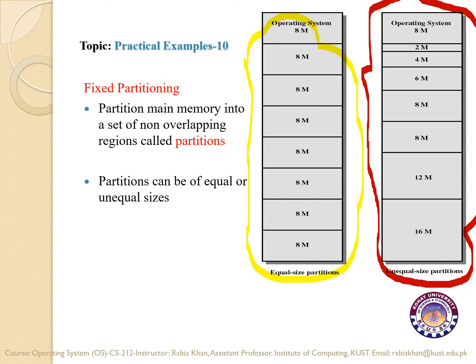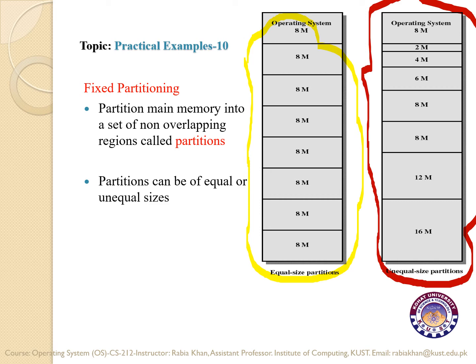While in unequal sized fixed partitions, you can see different blocks having different sizes of slots, and the kernel occupies space at the top of the RAM.